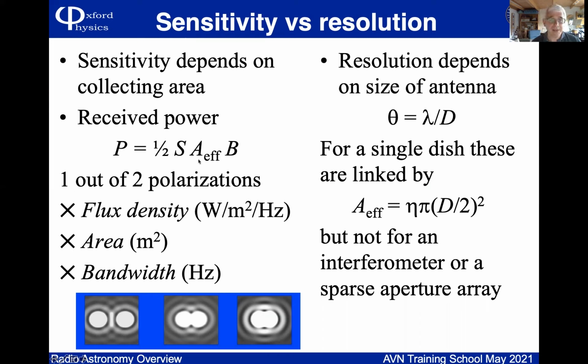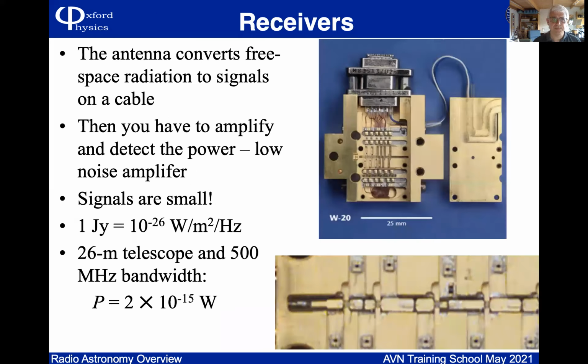But the A that's relevant is the total area of the individual antennas added up. And so those can be very, very different if your interferometer consists of relatively small antennas that are relatively far apart.